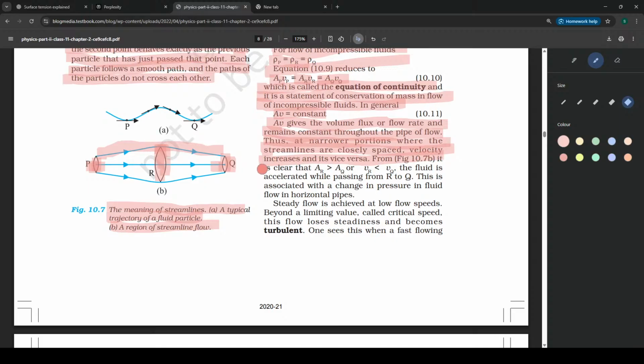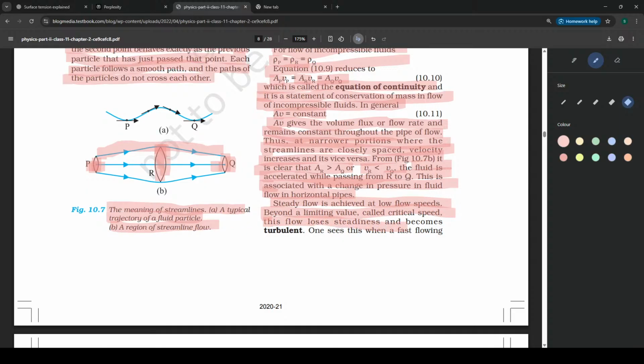From it is clear that AR is greater than AQ, or VR is smaller than VQ. The fluid is accelerated while passing from R to Q. This is associated with a change in pressure in the fluid flow in horizontal pipes. Steady flow is achieved at low speeds, below a limiting value called critical speed.